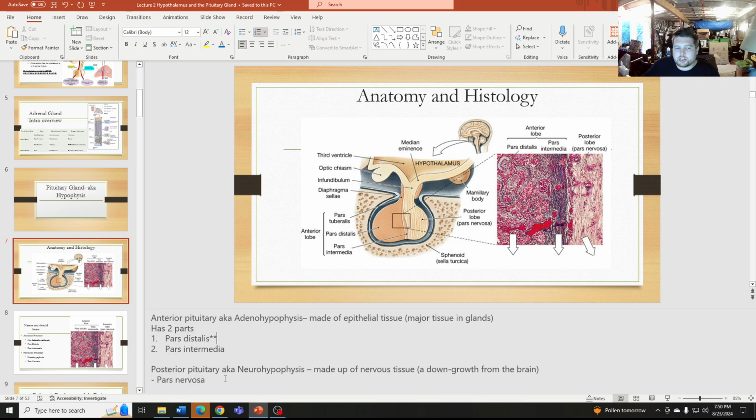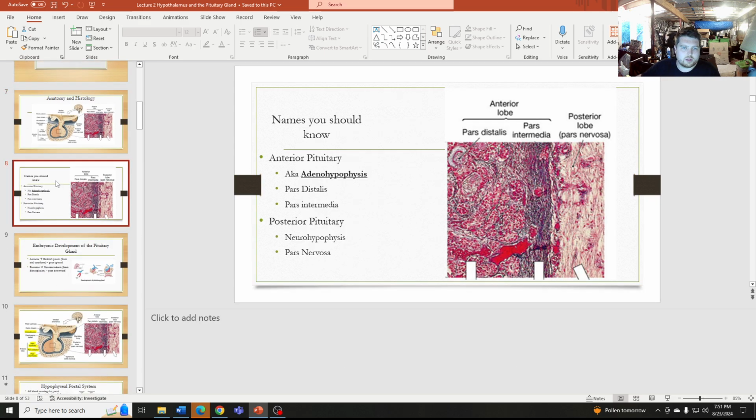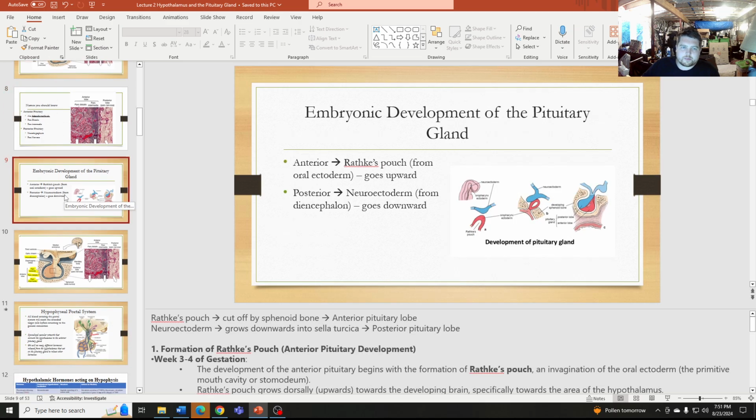And then the posterior pituitary can also be called the neurohypophysis or the pars nervosa, or you could even call it the anterior and posterior lobes of the pituitary gland. Here's all the names. I wrote them all out for you. Anterior pituitary, all the AKAs, the posterior pituitary, some of those AKAs that you can have for it.